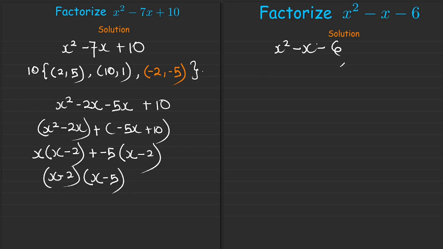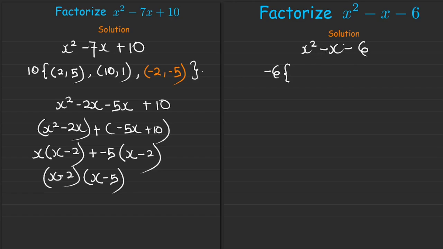How do you factorize this? So once again, you realize that the coefficient of the x squared is 1. And take note, the b here is negative 1. So with our c being negative 6, we look for factor pairs of negative 6, which when added would give us a negative 1. You see, it is not just a 1, but then a negative 1.